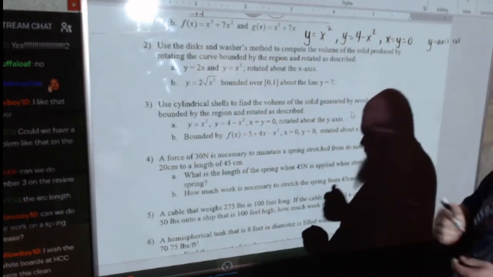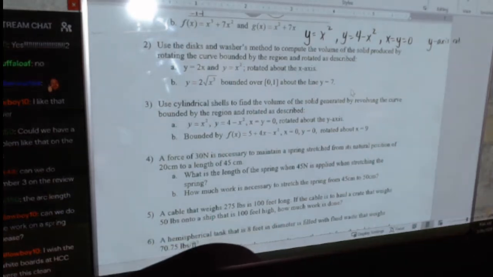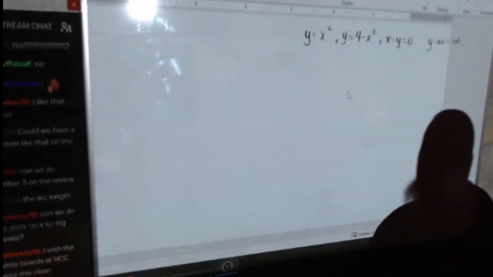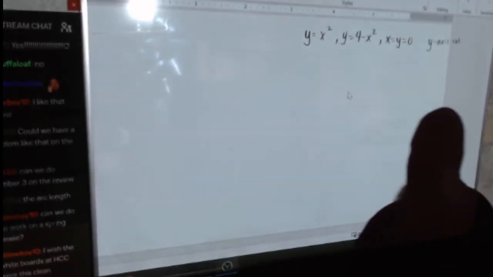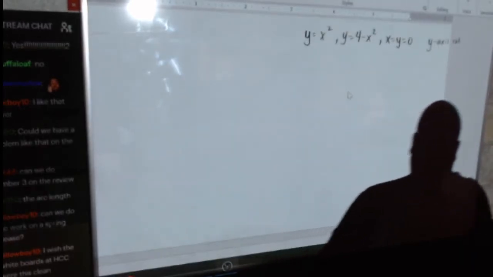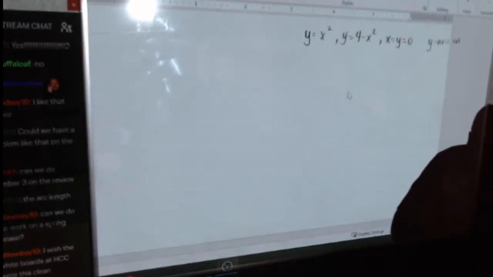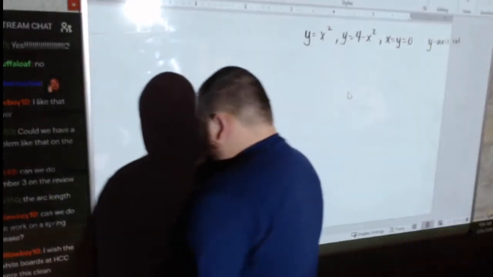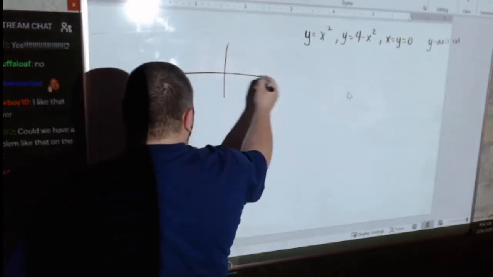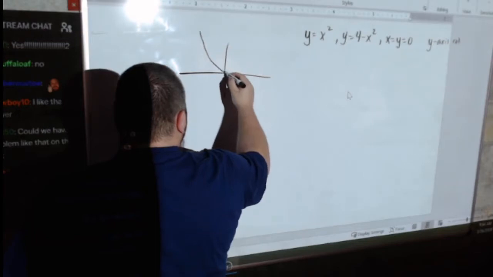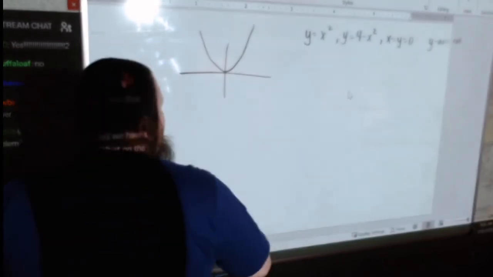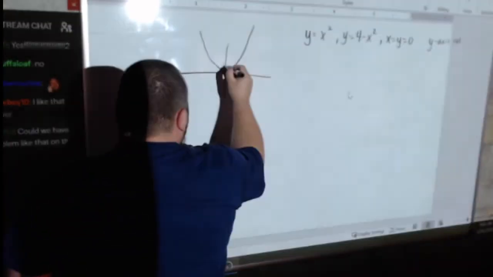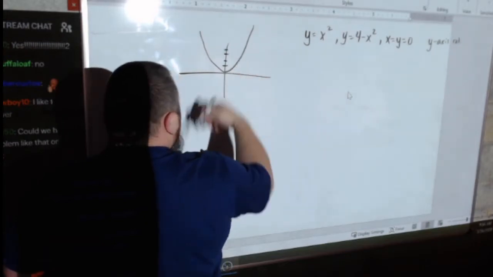Okay. So again, let me scroll to the clear screen. So this said it was going to be a cylindrical shell, but let's go ahead and draw the two functions. So x squared, right, we all know looks something like this. And then 4 minus x squared is going to be shifted up 4 units, but then facing downward.